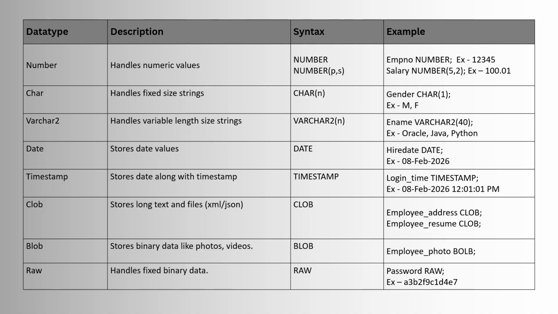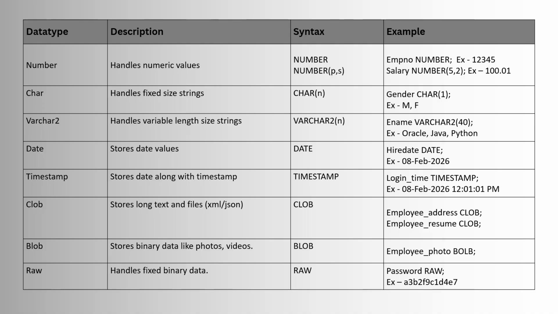And we have the varchar2 data type, which helps to store variable length data. It is similar to the char data type, but using varchar2 we can save space in a table. Let's say you are giving varchar2 of 40 for the column employee name, but you are only occupying 5 characters, then the rest of the spaces will be ignored by the varchar2 data type.